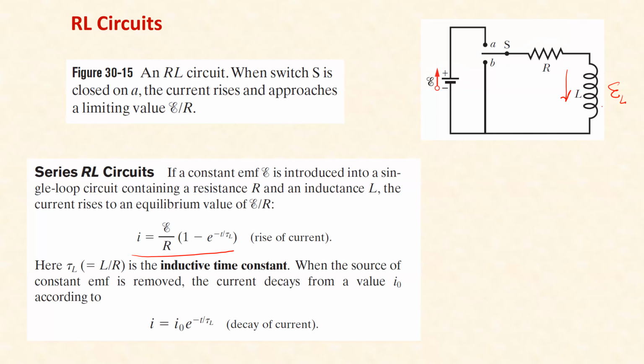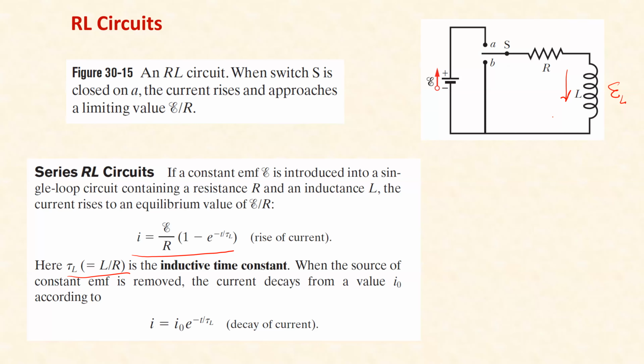You find the current as E over R, which is the maximum current, times 1 minus e to the negative t over tau L, and tau L comes from this formula, L over R. Then when the current is going, you switch it back to B. The inductor wants to keep the current going, but the resistor wants to stop it.